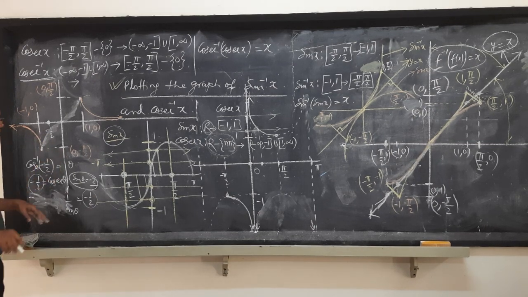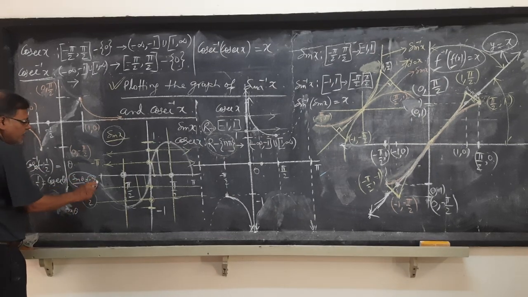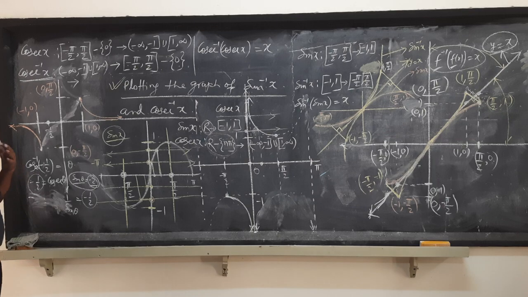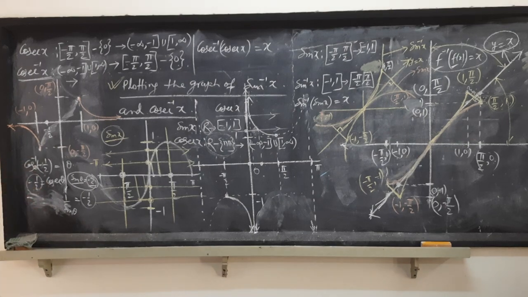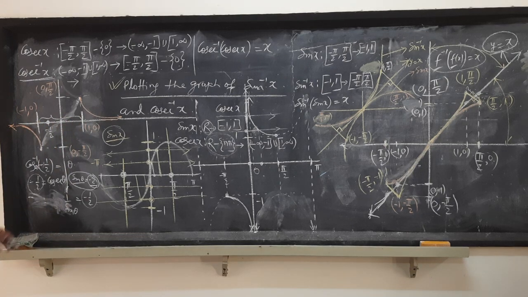It should be restricted between minus 1 and plus 1, and here we find it is coming as minus 2, which is not at all possible. That is why there is a gap from minus 1 to plus 1, and no value can be taken beyond this. Alright, now let us come to the plotting of the graph.